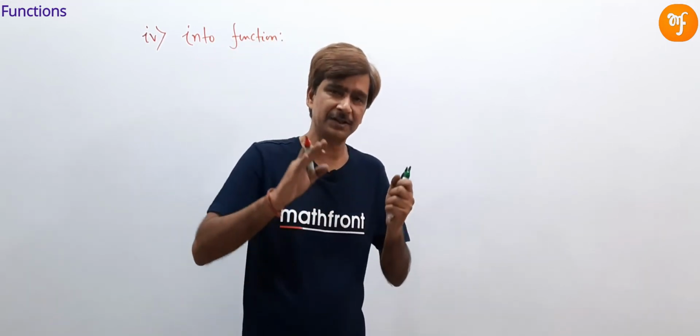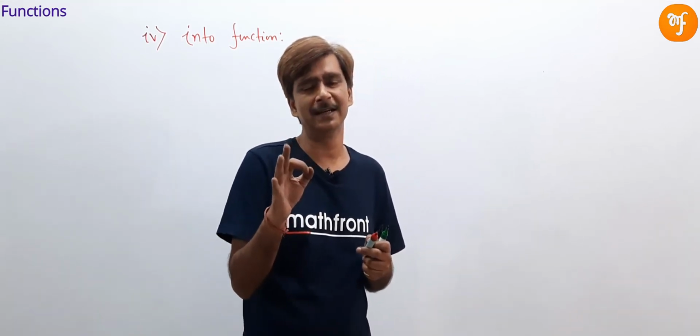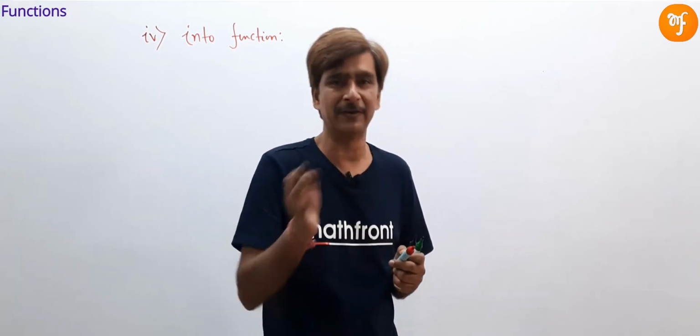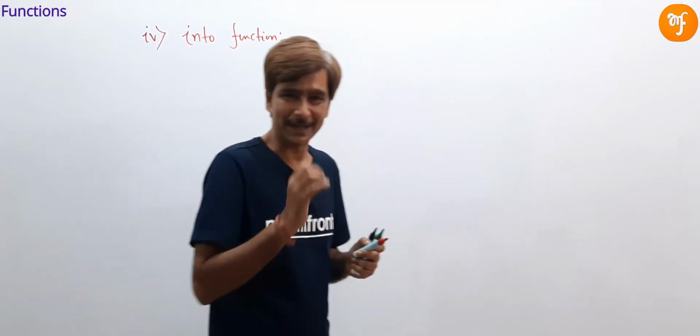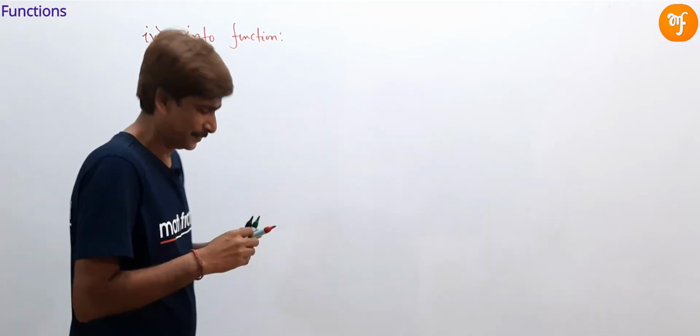And into functions are functions where at least one extra element is present in the codomain which does not represent the image of any domain element. Okay, so please write down the statement of into functions, then we will discuss through a mapping diagram.